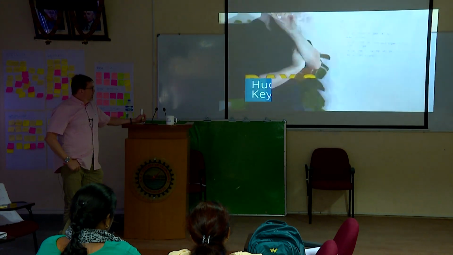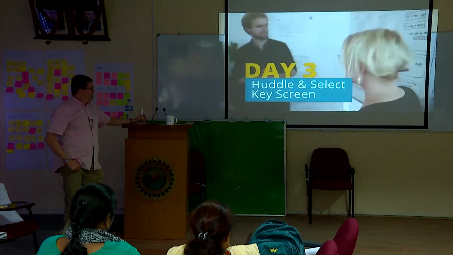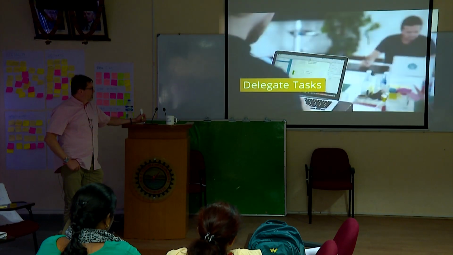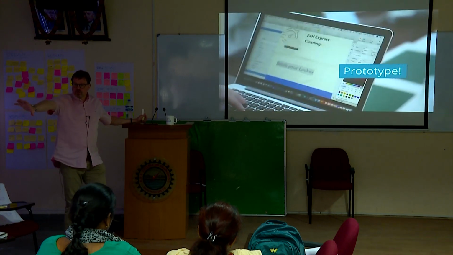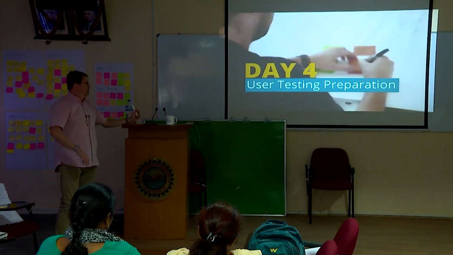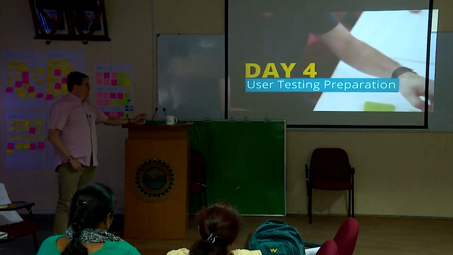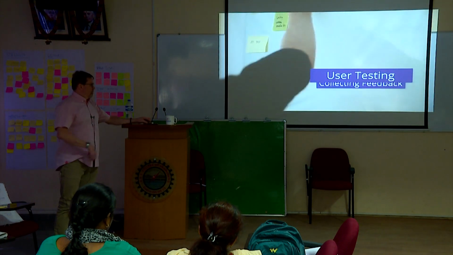And this is now the story. And then you start prototyping. This is maybe what you want to do tomorrow. You have to decide for yourself how you do this. And then you create the fake prototype.